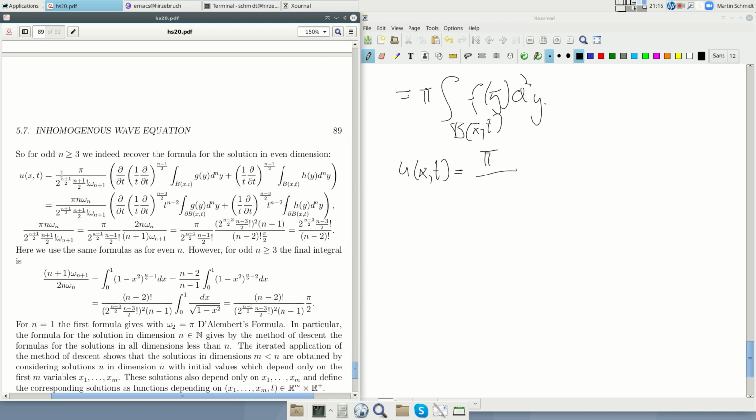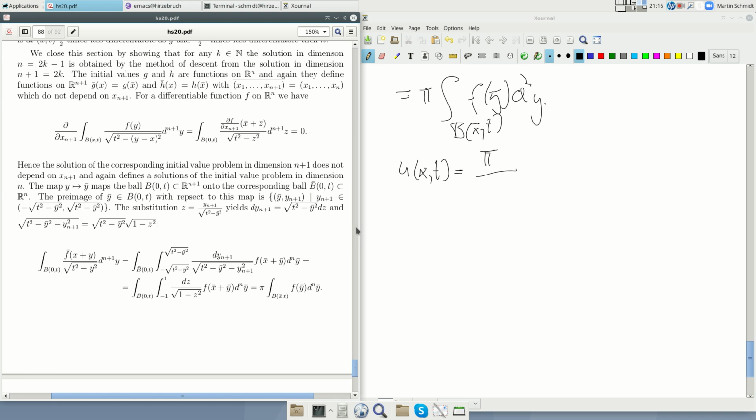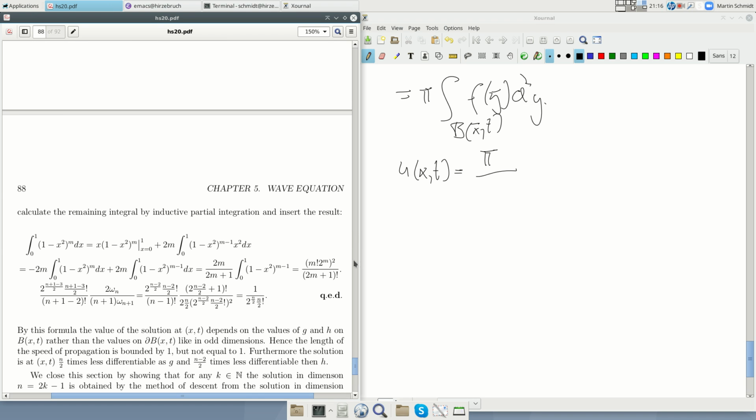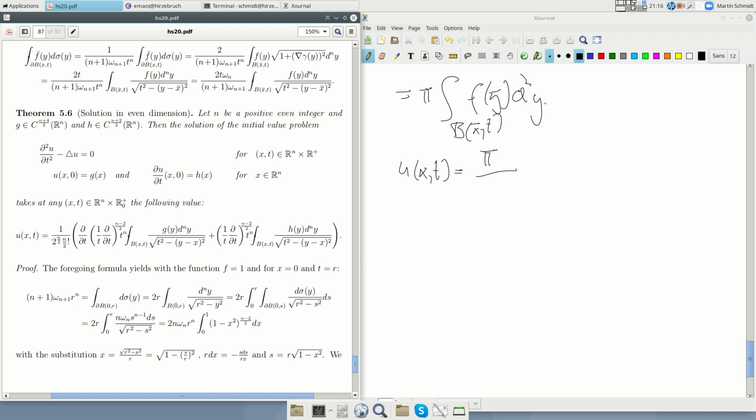Now we just use, as before, these factors, but now we should replace the even dimension n in this formula.